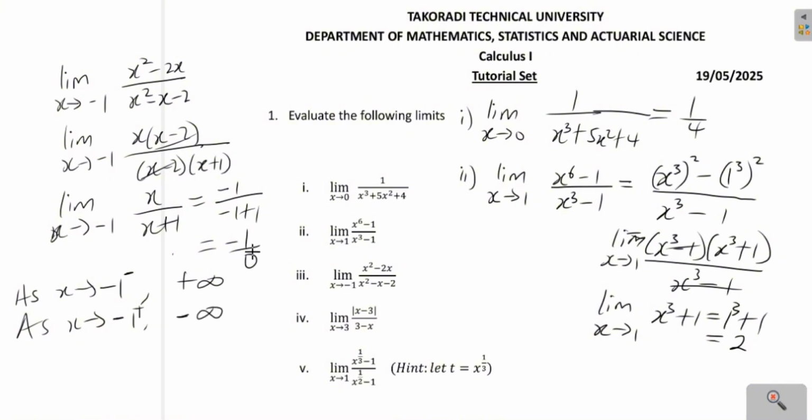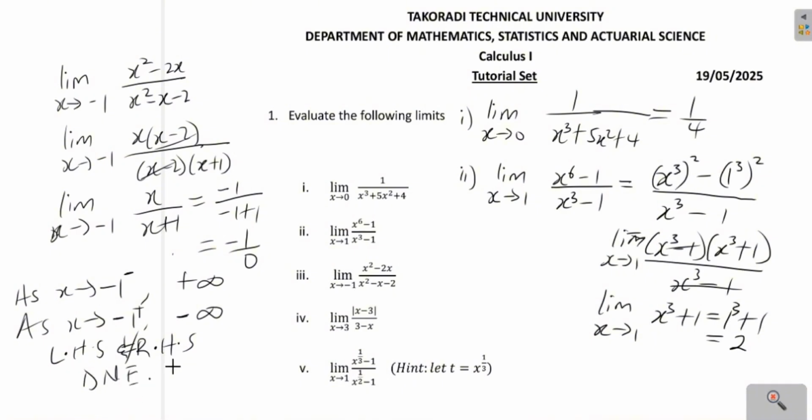Of course, this is undefined. That means the function has a vertical asymptote at x equals negative 1. So clearly you can see that the left-hand limit and the right-hand limit are not equal, right? They are not equal. So we can conclude that the limit does not exist.